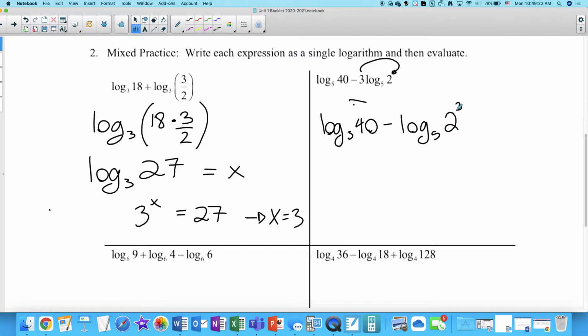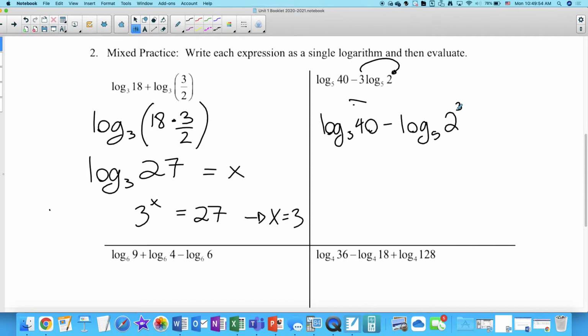The biggest mistake that people make with this particular question, does anyone know what it might be? Anyone want to take a guess? What do you think people might do with that 2 cubed? If you divided 40 by 2 cubed, actually that would be fine. But what most people do, they don't write this step out, and they're just like 3 times 2 is 6.